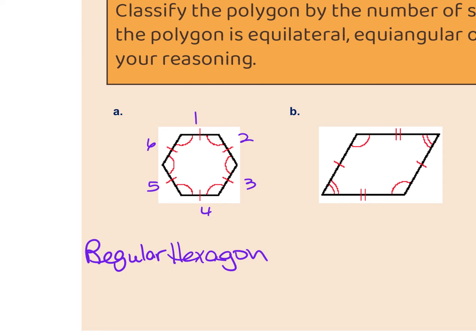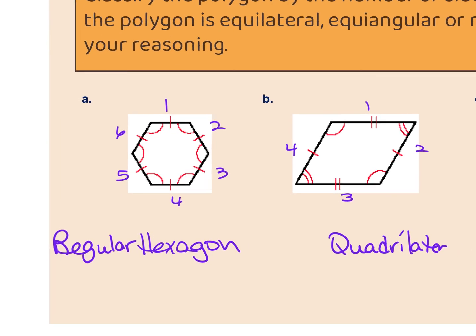The next one, I'm going to count the sides. It has 1, 2, 3, 4 sides, making this a quadrilateral. But notice none of the sides are congruent together, all 4, and neither are the angles.